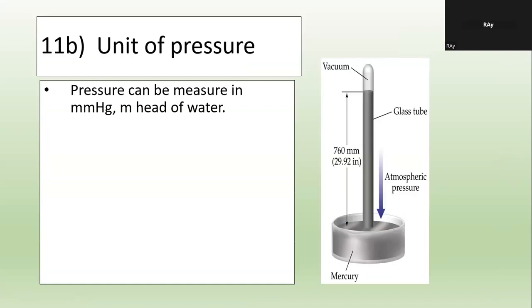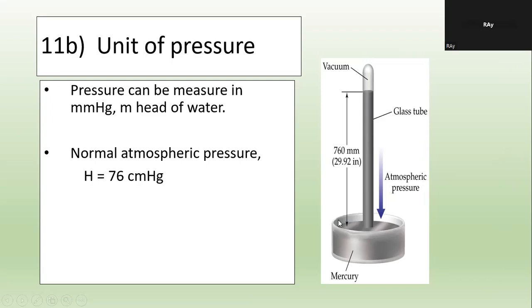Pressure can be in millimeter mercury or meter head of water. Normal atmospheric pressure is 76 cm mercury. That means if you use mercury in a glass tube, that is 76 cm. Or we call it 1 atmosphere. Or if you use water, then it's 10 meters of water, which is very high.